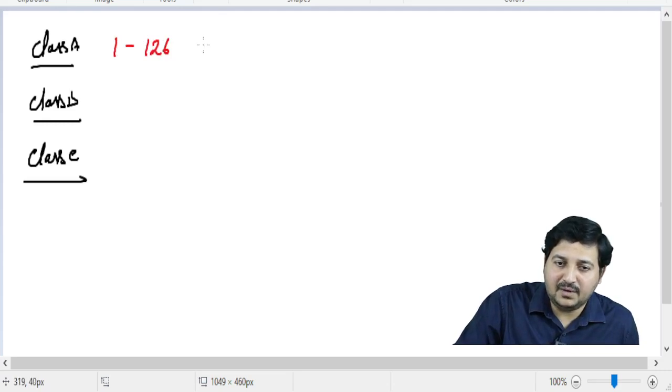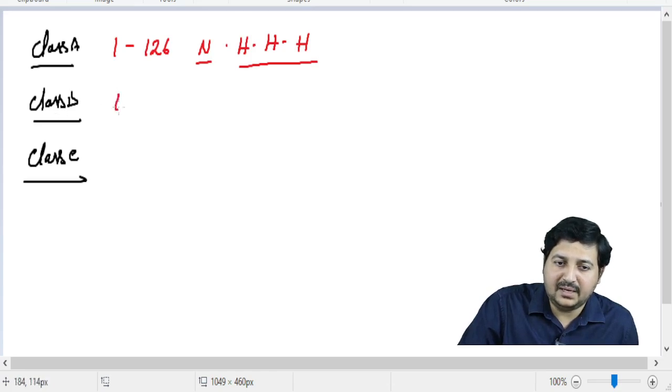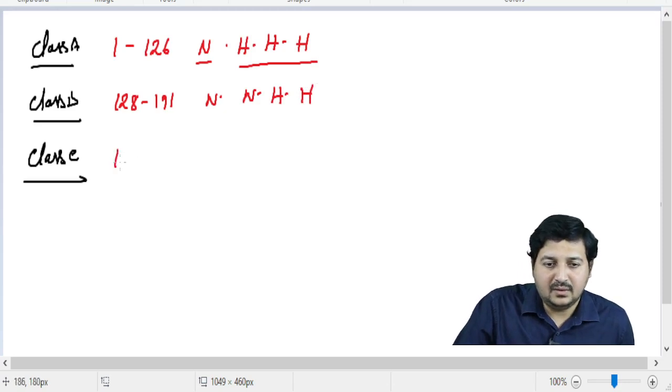How many network bits and how many host bits? 8 network bits and host, host and host, okay? So this is the host part and this is the network part. When you come to class B network, 128 to 191, which is network, network, host and host. And when you come to class C network, which is 192 to 223, which is network, network, network and host.